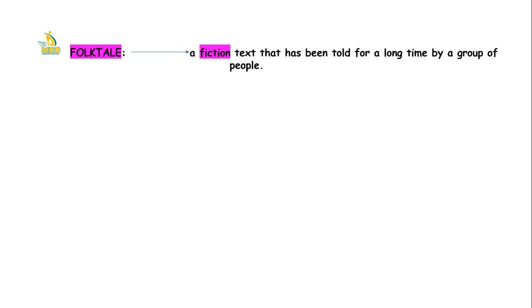We don't know who first told or wrote these tales, because folk tales are passed on from generation to generation. You have studied this in your social studies. So, we don't know who the author of a folk tale is. But we know that folk tales are passed on from grandparent to parent, and then from parent to child.